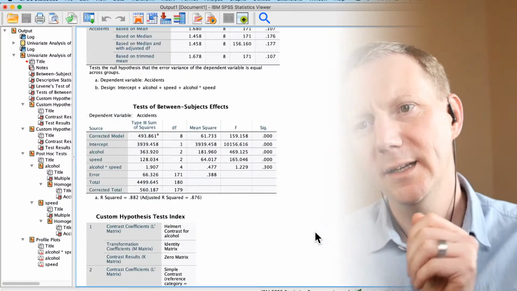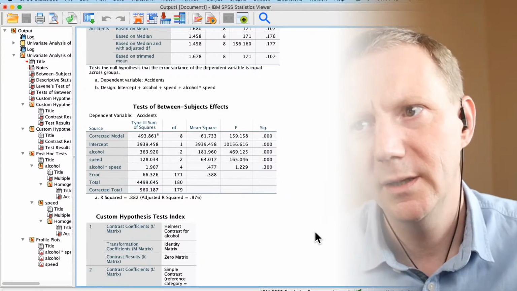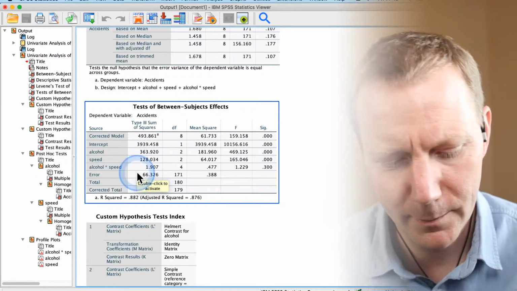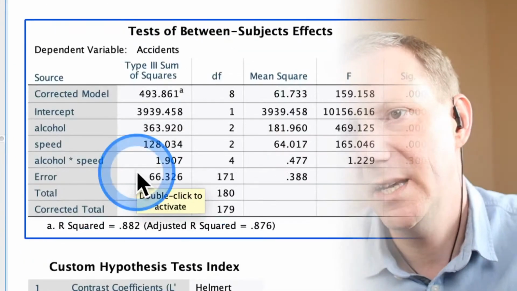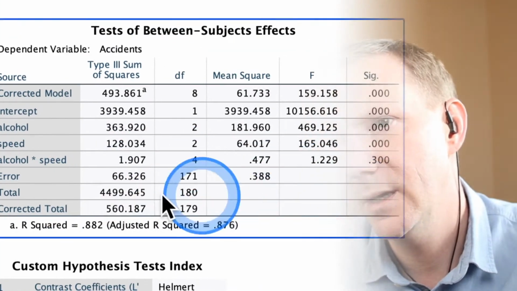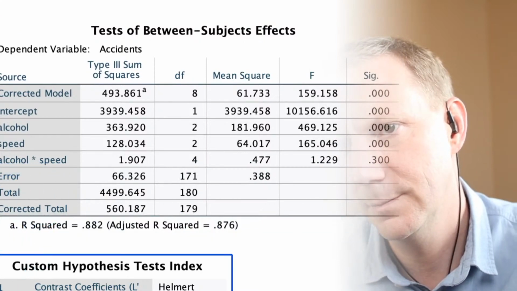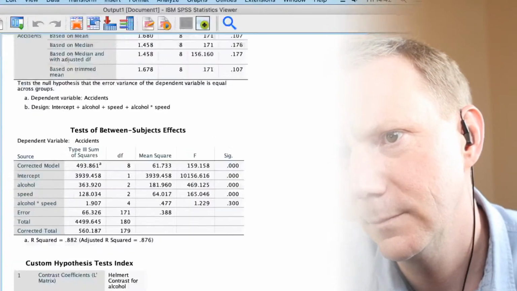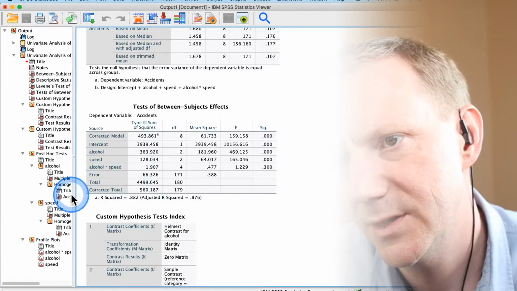Okay, and now finally the results for the independent factorial ANOVA. So what we see here is, essentially, let me try to go back a little bit. Let's see.